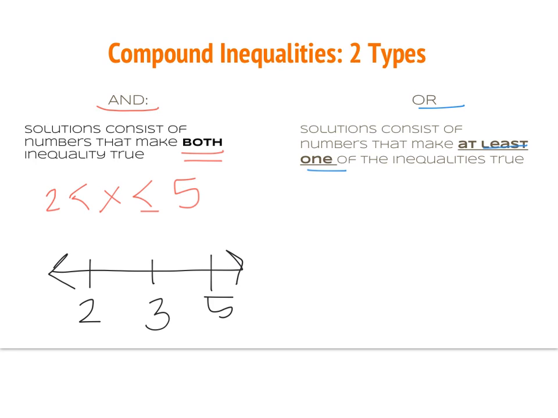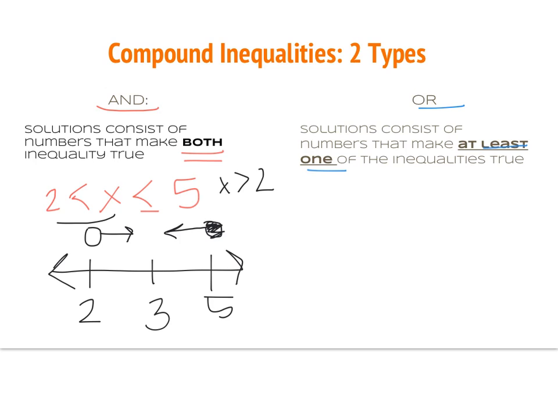For 2 < x, which is the same thing as x is greater than 2, I would have an open circle shading to the right. For x ≤ 5, I would have a closed circle shading to the left.